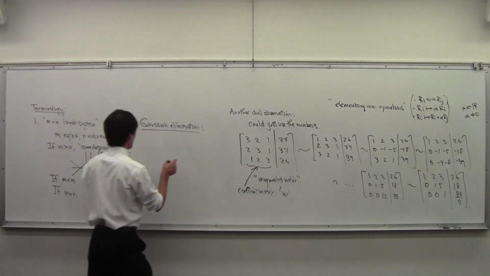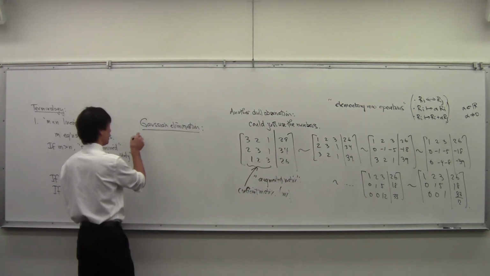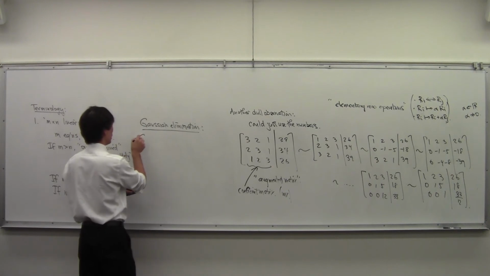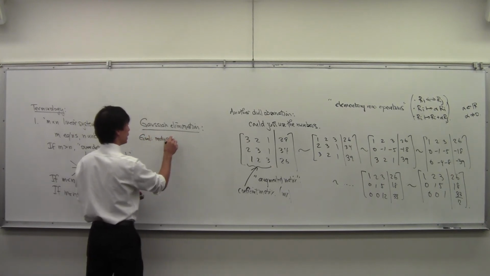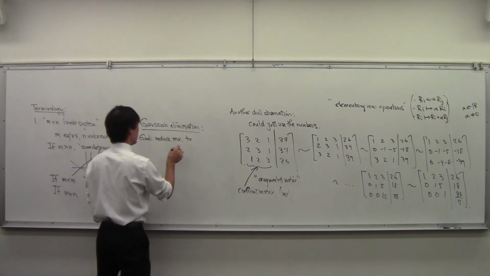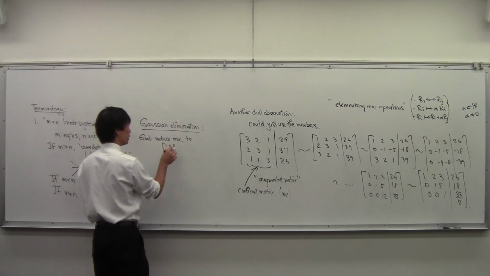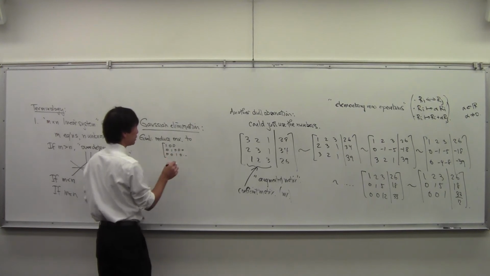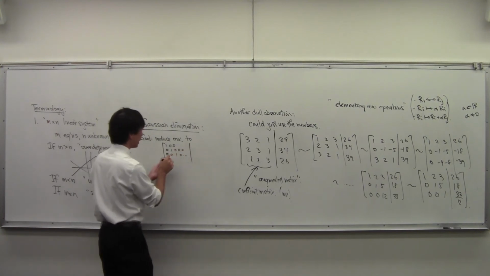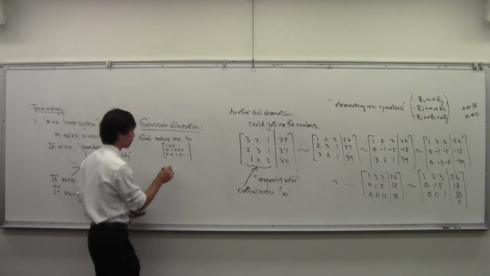Okay, so the goal is to reduce your matrix to something that looks like 1, 0, 0, 0, 1, 0, 0, 0, 0, 0, 1, 0, 0, 0. Right?